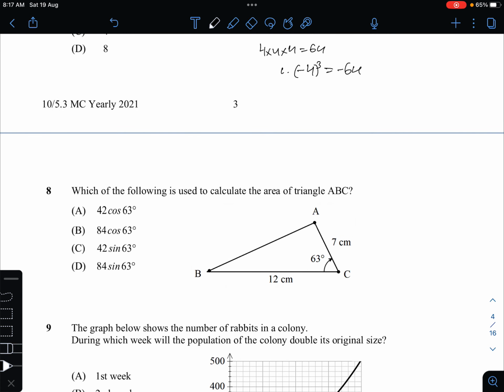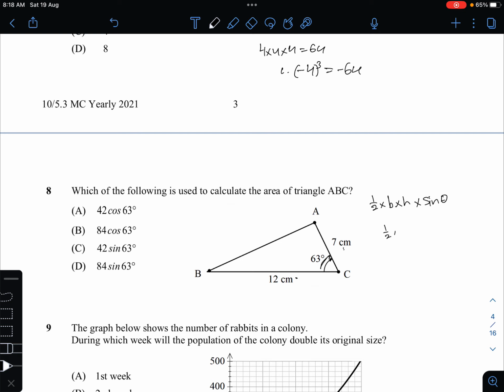Okay, question 8. Which of the following is used to calculate the area of the triangle ABC? Okay, so area of a triangle is obviously base times height divided by 2, but with a non-90 degree triangle, so non-right angle triangle, the actual equation is 1 over 2 times base times height times sine theta, where sine theta is the angle as shown, which is made by the two sides you're using.